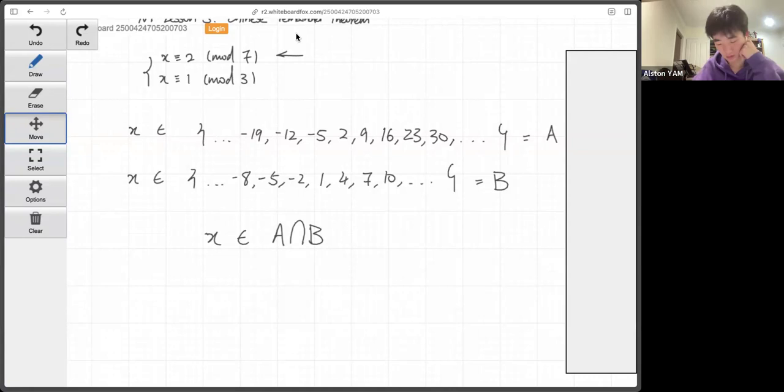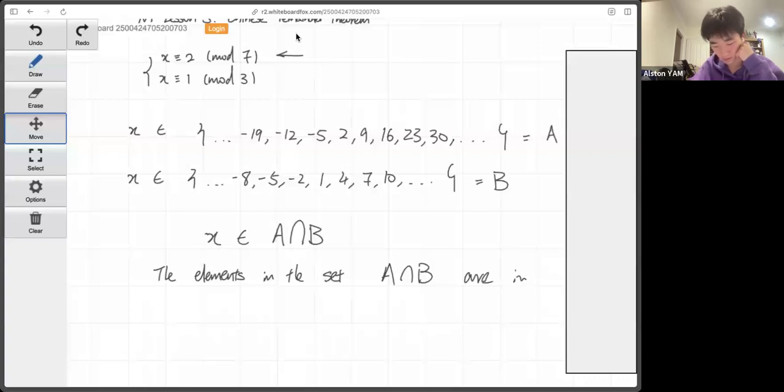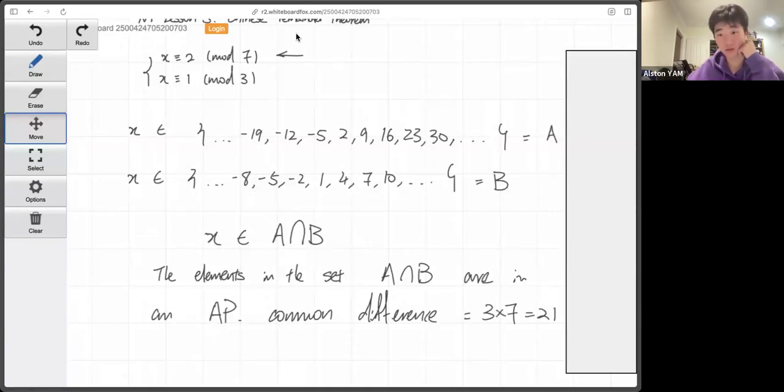The elements in the set A and B are in an arithmetic progression, and the common difference is equal to 3 times 7, which equals 21.